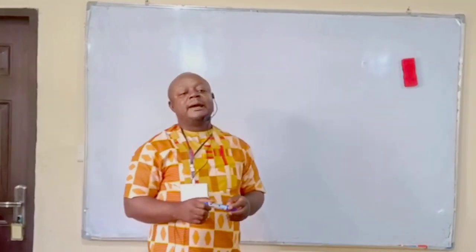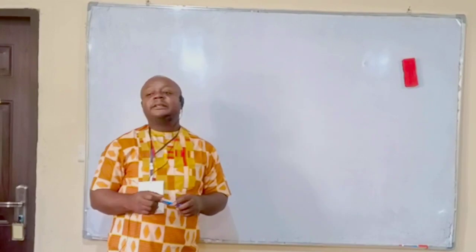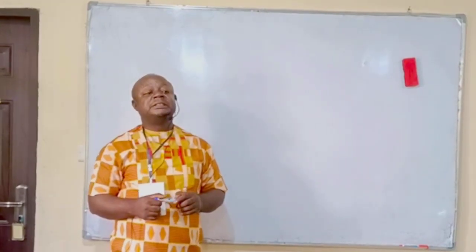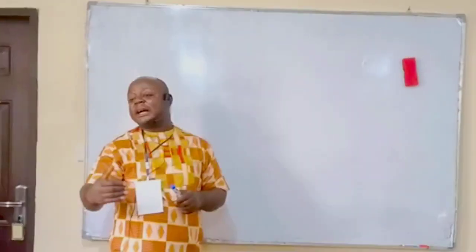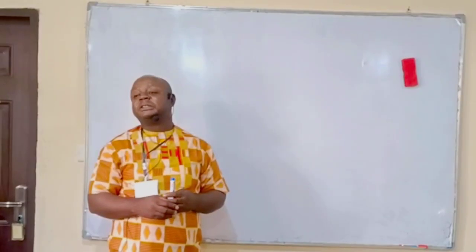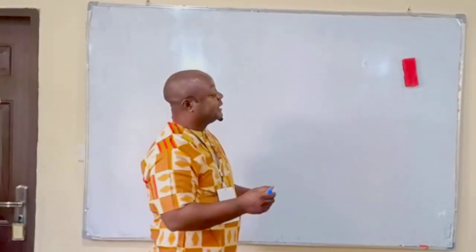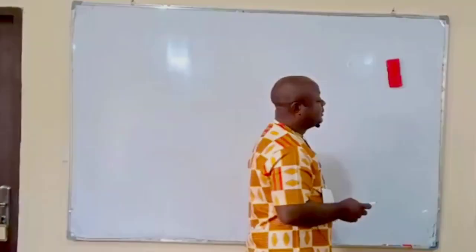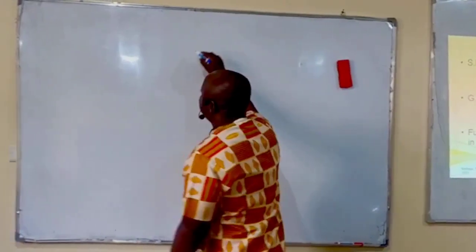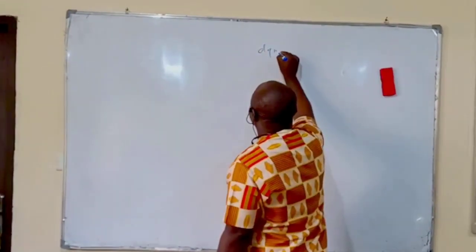What I didn't tell you initially is that general relativity is a geometrical theory of gravitation, while Newtonian theory is a dynamical theory.